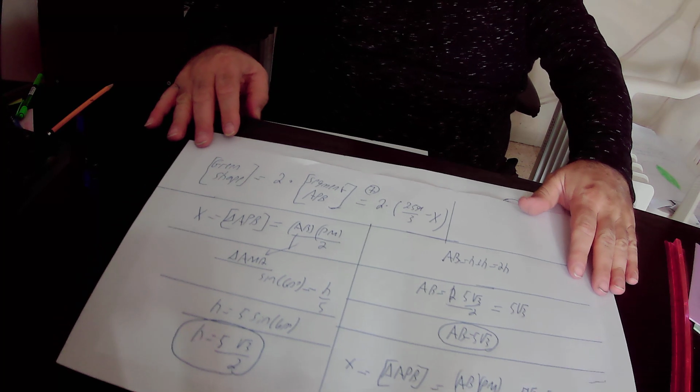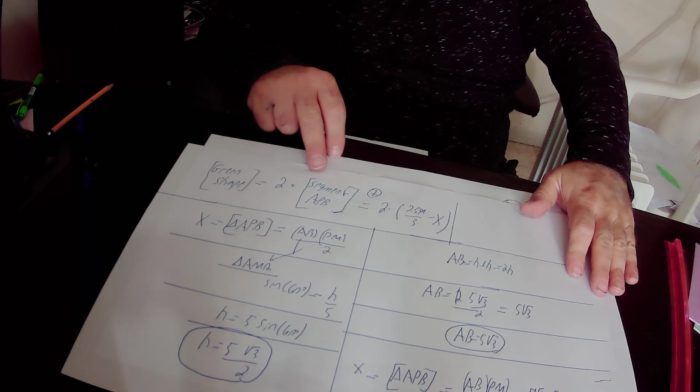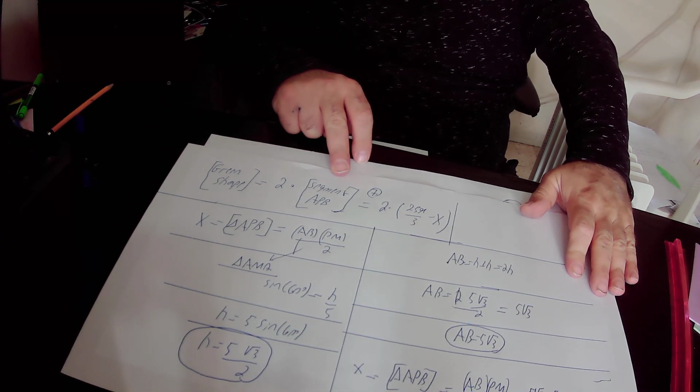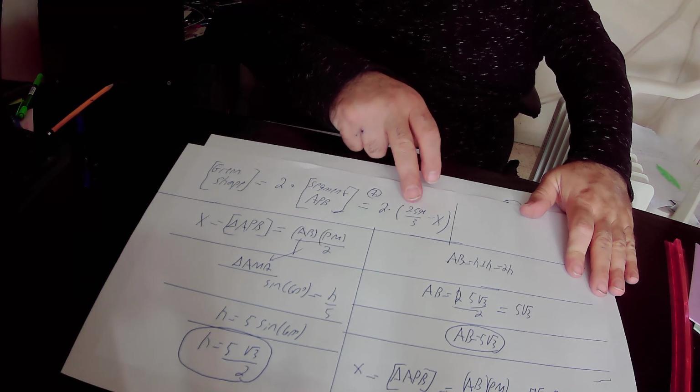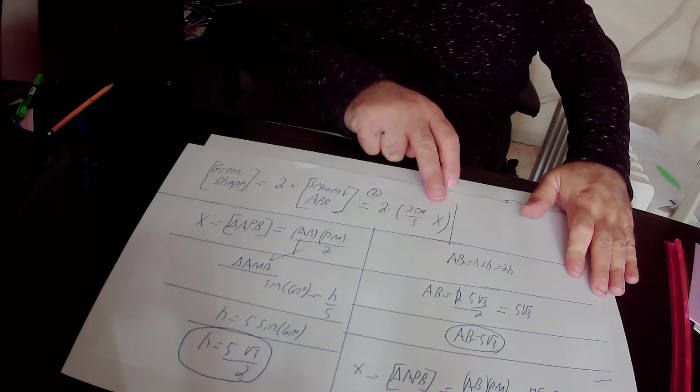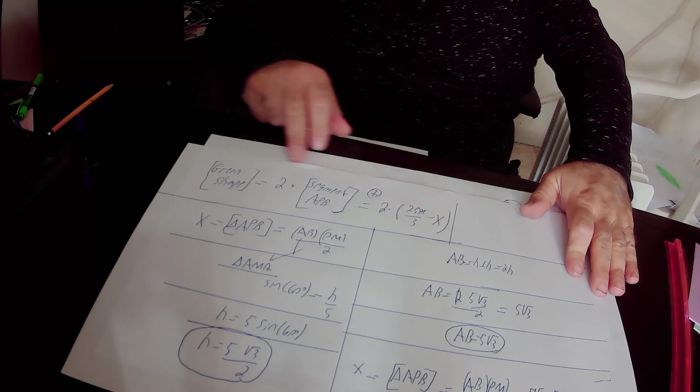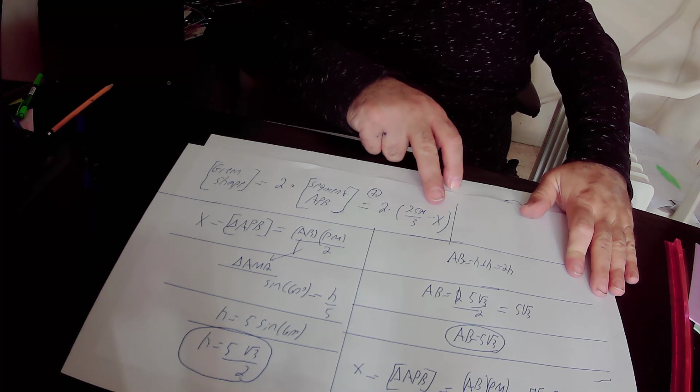Again, the area of the green shape equals 2 times the area of segment APB. And we have already found out that the area of segment APB equals 25 pi over 3 minus x. So the only thing left to find the area of the green shape is the value of x.